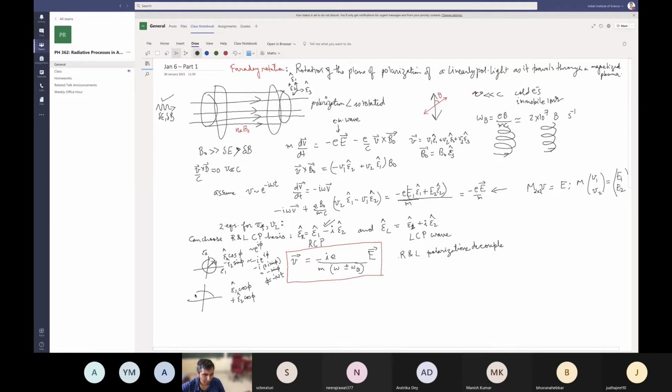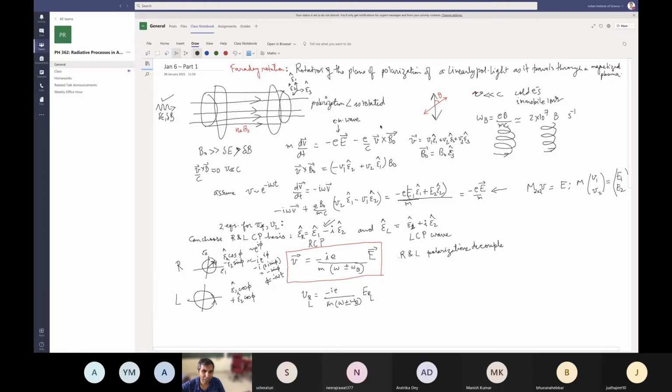So this is L polarization, this is R polarization, and the two velocities in the R and L sense are given by these. So VR is equal to minus iE by m, omega plus omega B, E_R, and VL is equal to the same thing, with the minus sign and E_L, right?